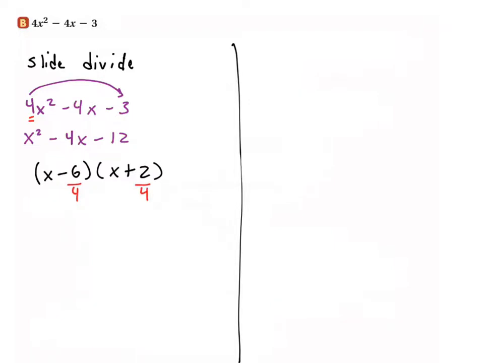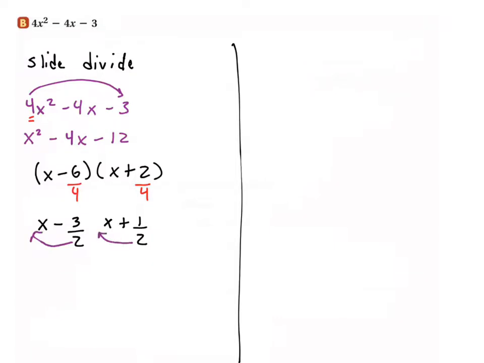In neither of these cases does the 4 go evenly into the number above it. But what does happen is we can reduce these. So let's reduce these. So we're going to have x minus, instead of 6/4, we're going to have 3 over 2. And then we're going to have x plus 2 over 4 would be 1/2. 2 still doesn't go evenly into the number above it, so what we're going to do is slide it back out in front, or what they say is bottoms up.